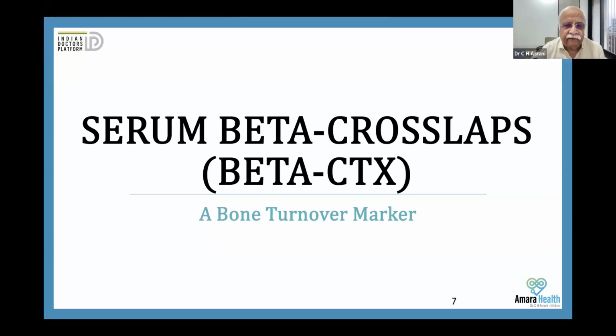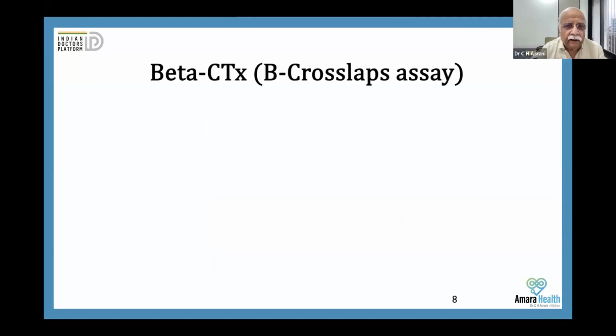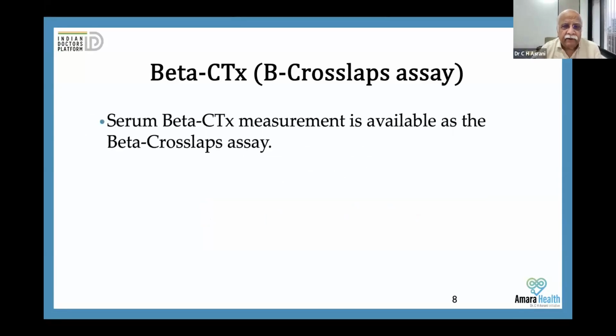Now I have been using it very frequently. Beta crosslap assay: some labs will understand what you are asking. In other labs, you better write on the prescription pad, advise beta crosslap assay (bone resorption), is available as a beta crosslap assay.